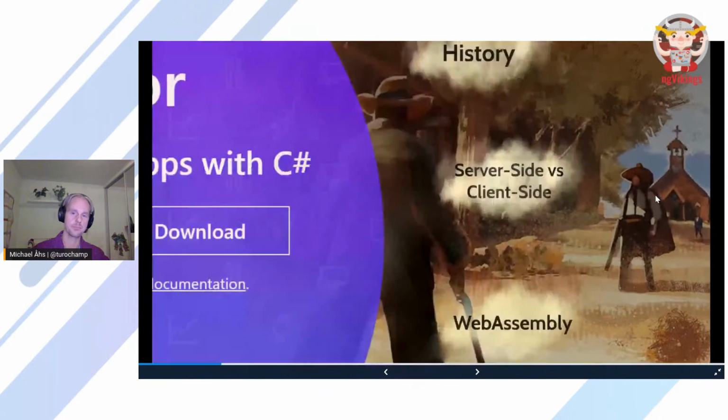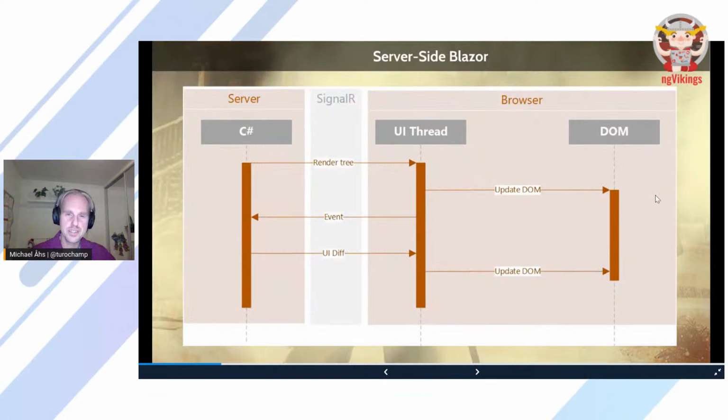More about that shortly. But first, let's walk into the difference between server-side and client-side when it comes to Blazor. Here's server-side, basically a simple sequence diagram on how things work. We all are familiar with the DOM, which contains what we see in the browser. On the server-side, everything is on the server. All the logic and all the state is stored on the server.